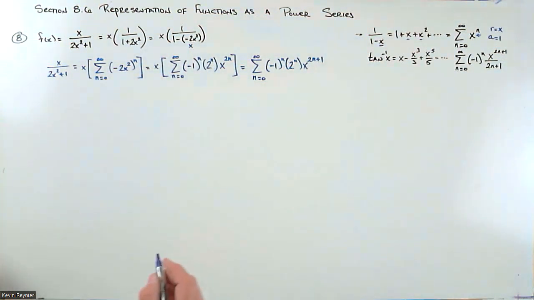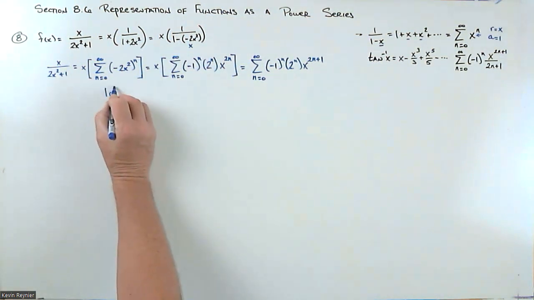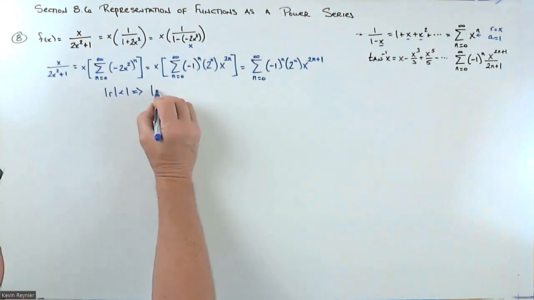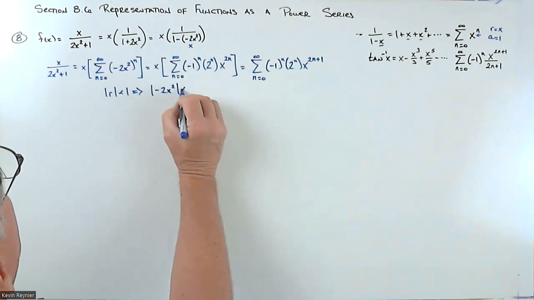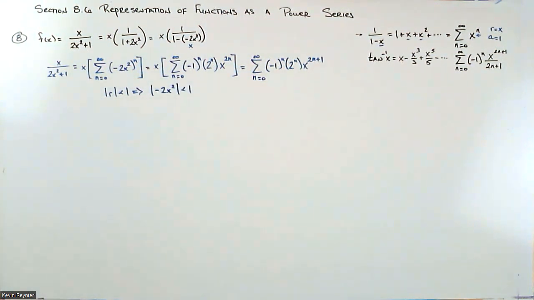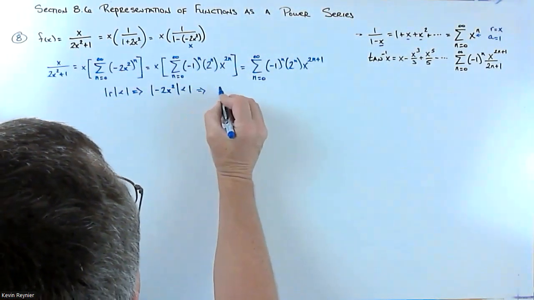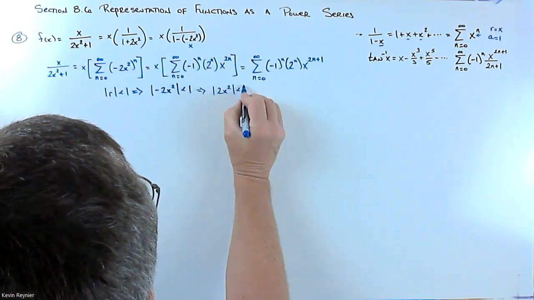So our r, remember this converges when the absolute value of r is less than 1. But for us, our r is -2x squared. And so we can put that in here. Now that becomes, by the rules of absolute values, 2x squared is less than 1.